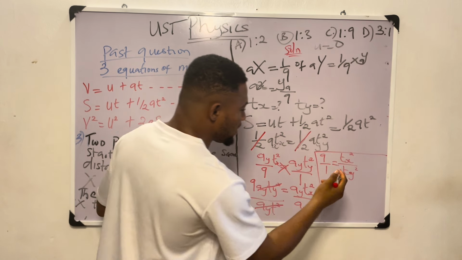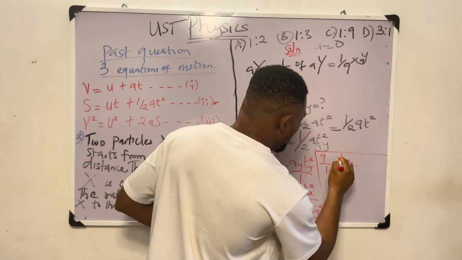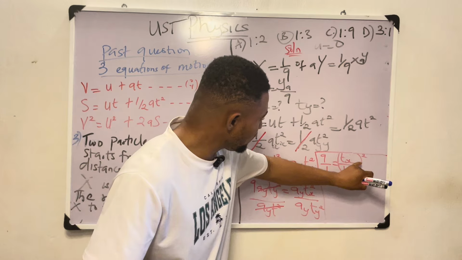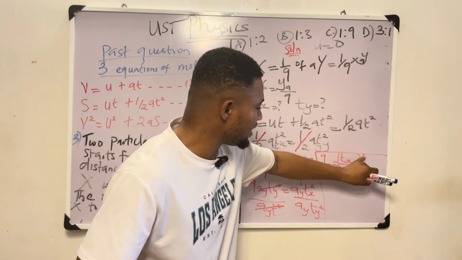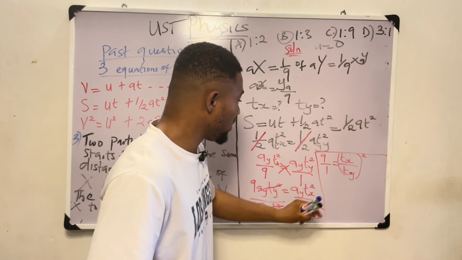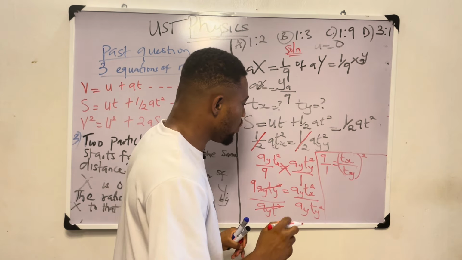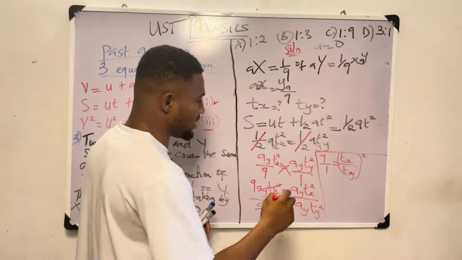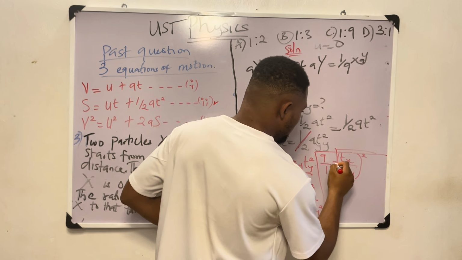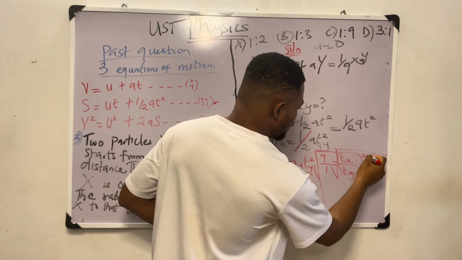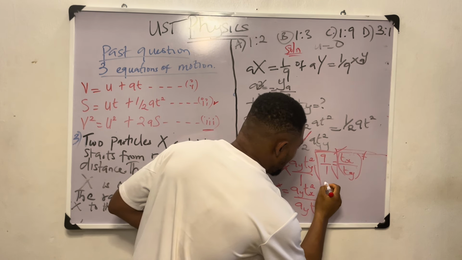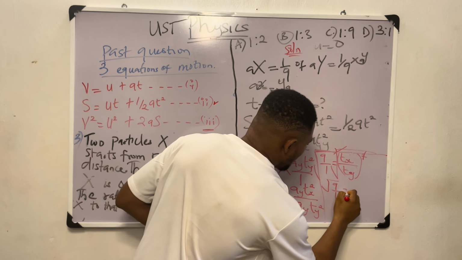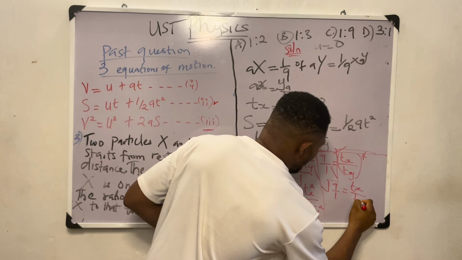We can put this in another way, like open brackets. Don't get confused. If this is raised to power 2, it's going to be Tx raised to power 2 over Ty raised to power 2. So what do we now do? We take the square root of both sides. The squares cancel, so we now have 9/1 equals Tx over Ty.